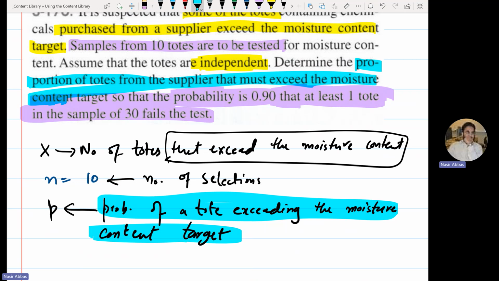Is P. So what are you supposed to determine? What are you supposed to find in this question? P. Look at the highlighted blue thing. Determine the probability of a tote that exceeds the moisture content. P. Look at the definition of P. Probability or proportion, they are the same things.